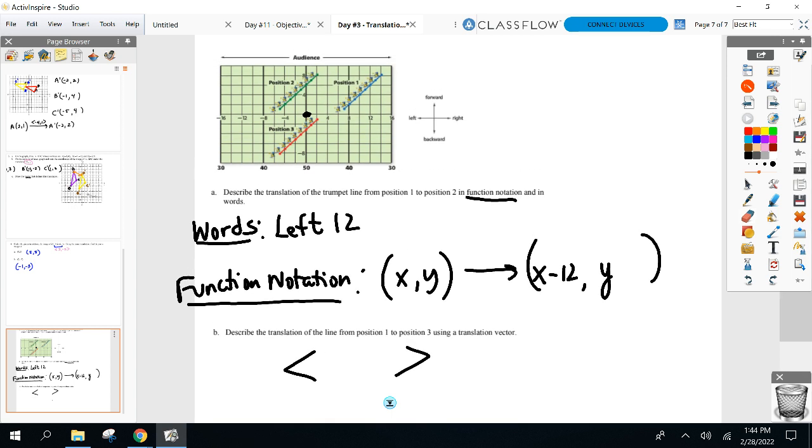Make sure you put left and right first, up and down second.